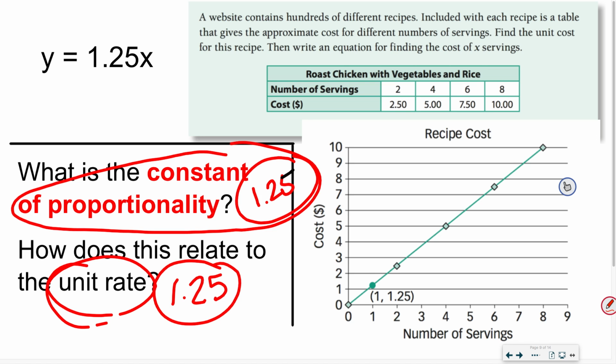The cost for 1 serving. But if I just had a generic equation and I was asking you to identify what's keeping it constant, if there's no context to that equation, then I can't really say it's a unit rate because we may not have a unit to speak of. So in that sense, it would be your constant of proportionality.